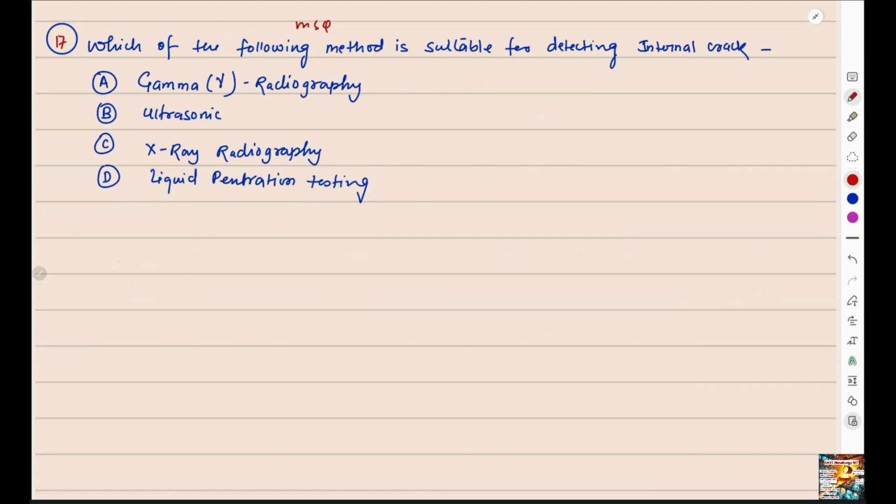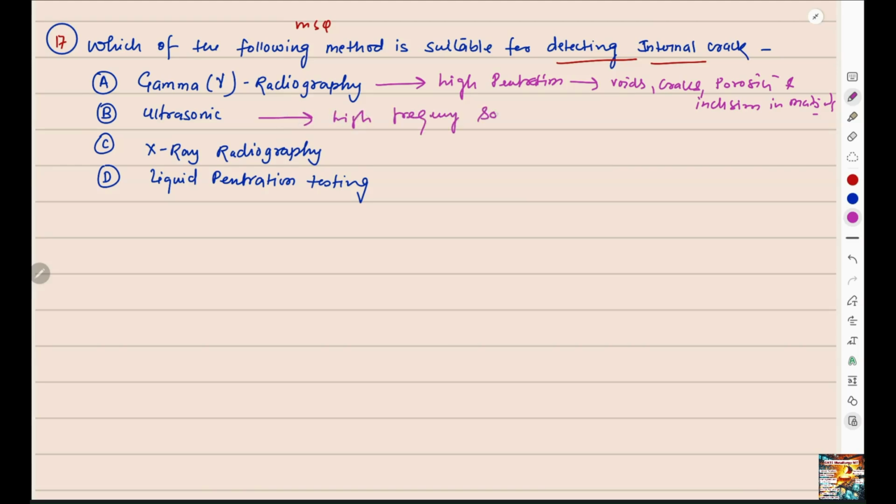According to the question, which of the following methods is suitable for detecting internal cracks? So we know that gamma radiography has high penetration, so it is able to detect voids, cracks, porosity and inclusions in the material. Ultrasonic uses high frequency sound waves to detect again all these cracks, voids, inclusions and porosity.